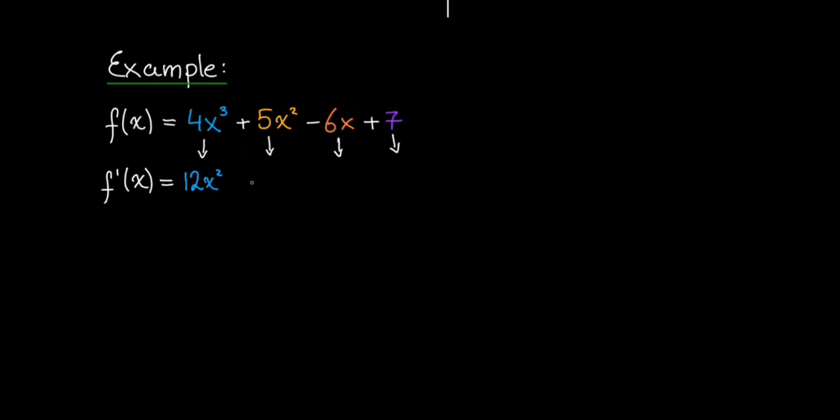Derivative of 5x squared is 10x. Derivative of 6x is simply 6, because x is raised to the power of 1, so x vanishes. And lastly, we have the constant 7, whose derivative is just 0. Now all we need to do is put the respective signs back in their positions. And here you go, this would be our derivative.